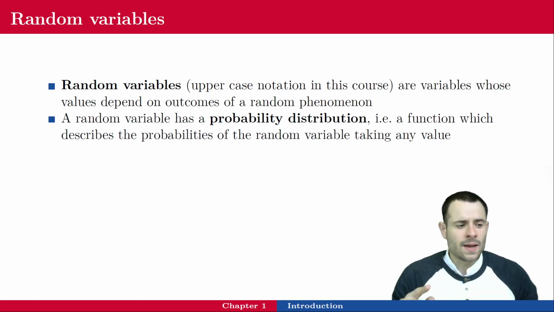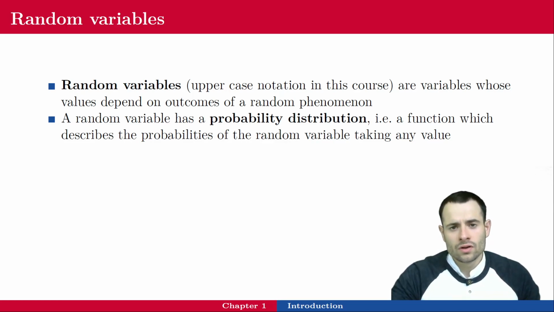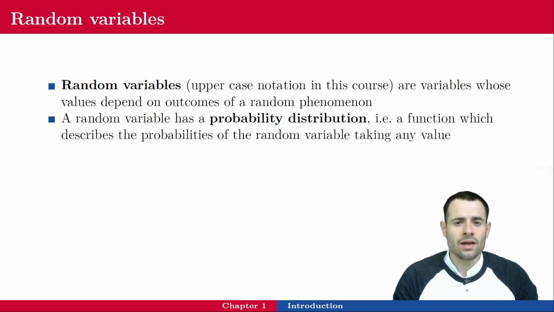So we call this a probability distribution because it distributes probabilities, it associates probabilities to outcomes. If I throw a die and the die is fair, then the probability of getting a 1 is 1/6, the probability of getting a 2 is 1/6, and so on and so forth.